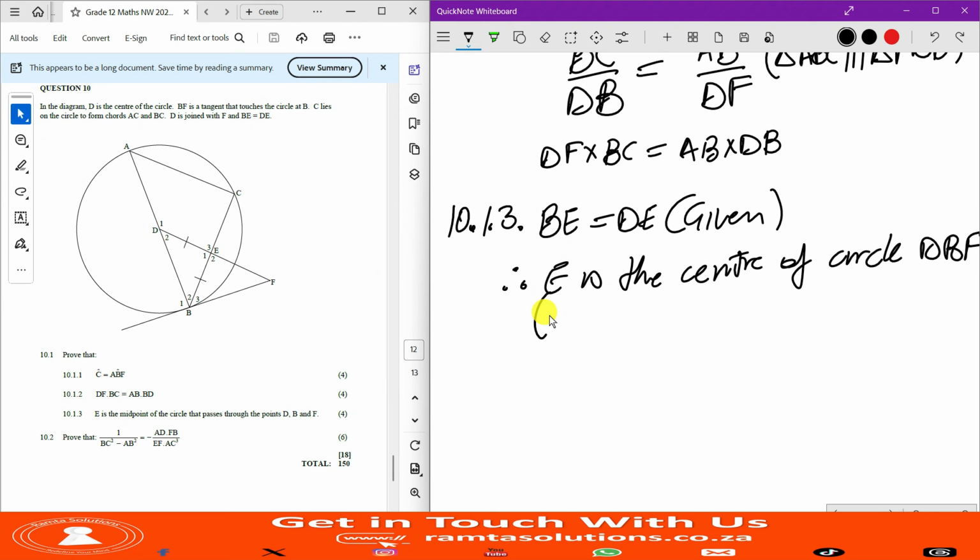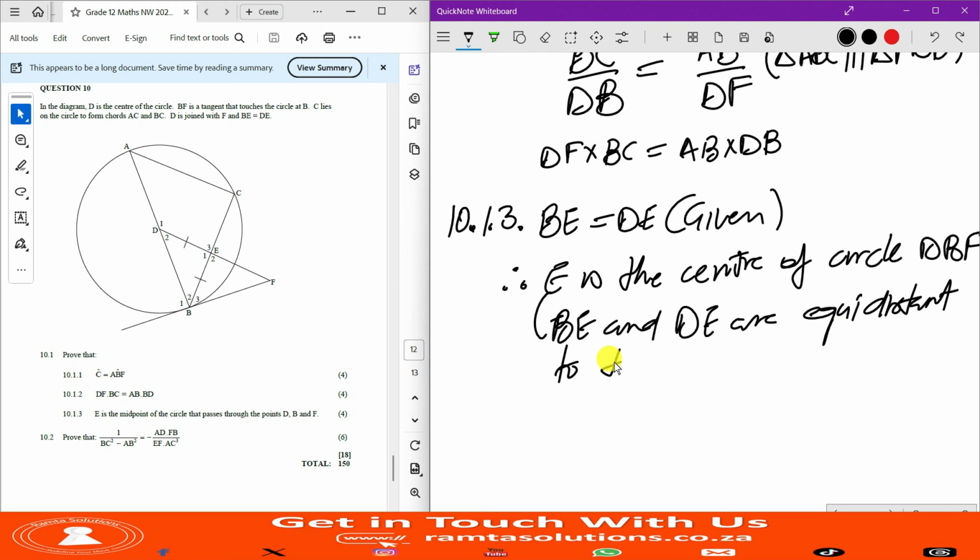Because BE and DE are equidistant to the circumference, isn't it? If they are equidistant to the circumference, E must really be the center. Therefore, E is the midpoint.